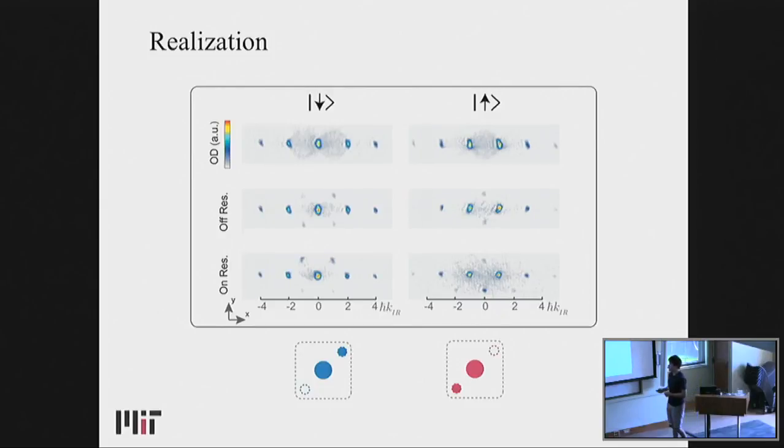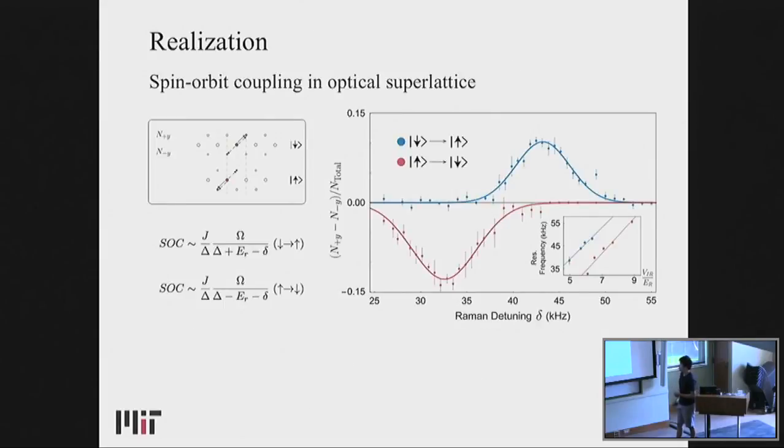So now we can see that we already observe some effects of spin-orbit coupling. To quantify this population imbalance and figure out where the resonance is, we have to do some more careful work.